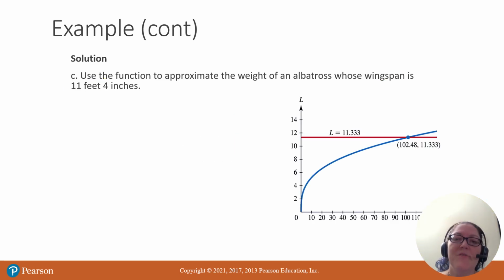So let's now use the function to approximate the weight of the albatross, whose wingspan is 11 feet 4 inches. Now, in order to find this answer, we currently do not have the algebraic method yet. We'll get to that in another slide or two. But to help us solve it with what skills we have, we're going to use the graphing calculator side of it.